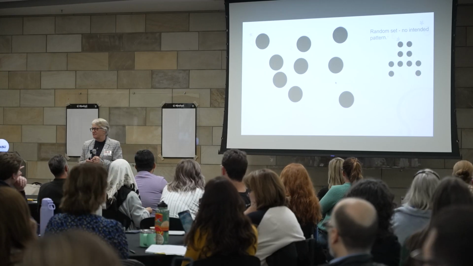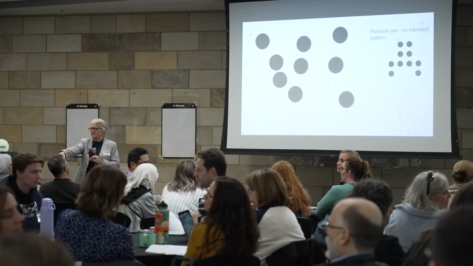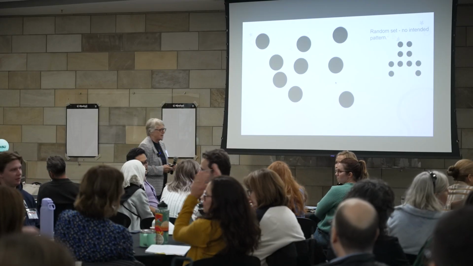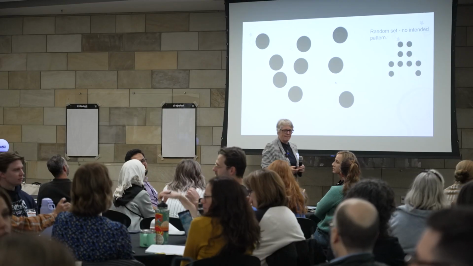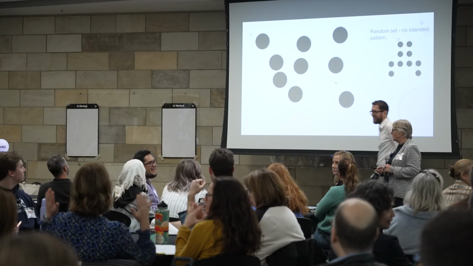Mention it at your table. Tell everybody how you see it and see if you're seeing it differently. See how many different ways you're seeing it at your table. How many different ways?